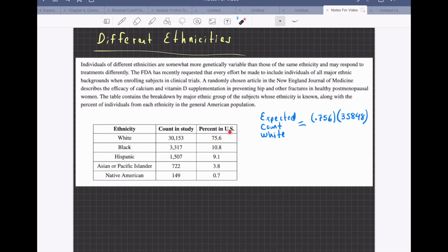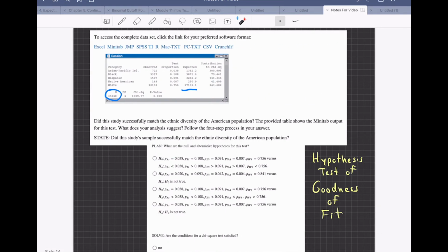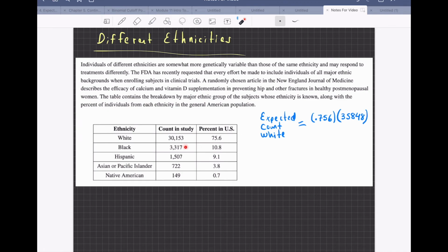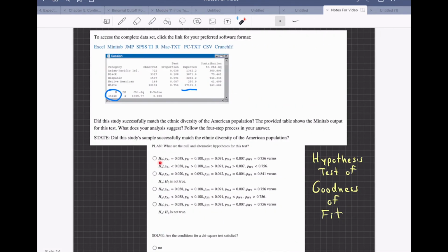The distribution is supposed to be this one for each ethnicity, but the evidence maybe says something different. So for the hypothesis we have to set up here, notice we have proportions for Asians, Black, Native American, white, and Hispanics, yeah.